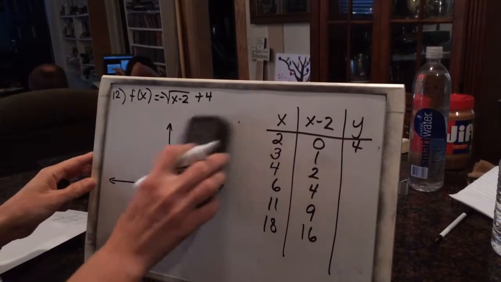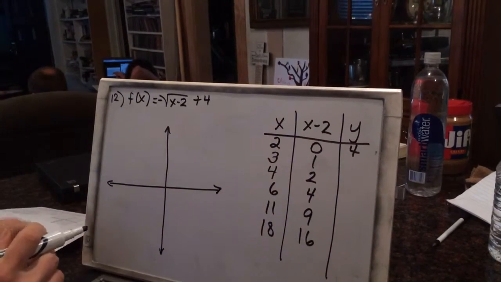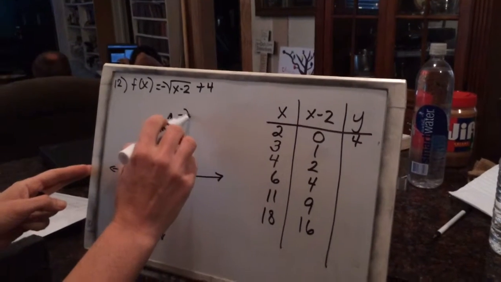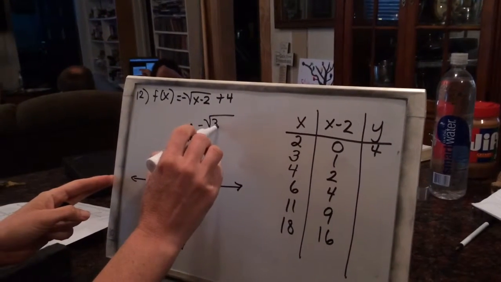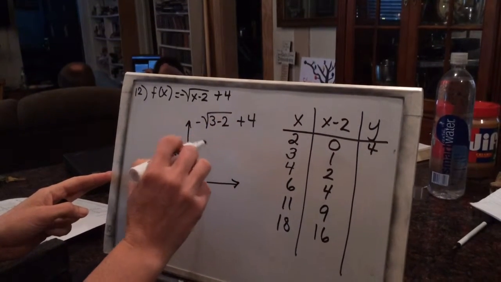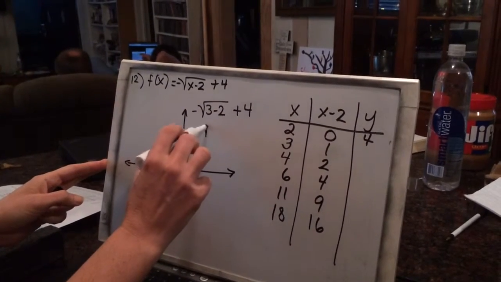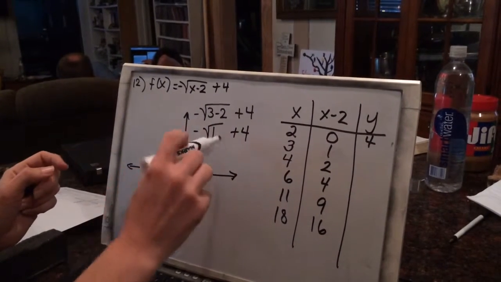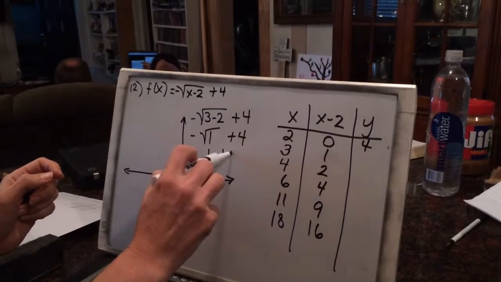We substitute the next in. If x is 3, then we're going to take the negative of the square root of 3 minus 2 and add that to 4. So we're taking the negative of the square root of 1, plus 4. The square root of 1 is 1. Add that to 4.